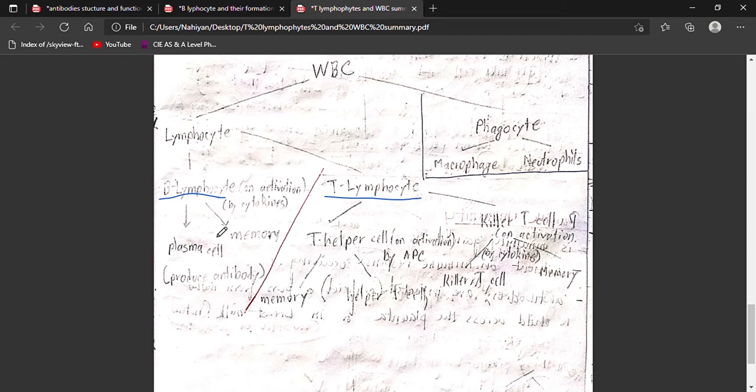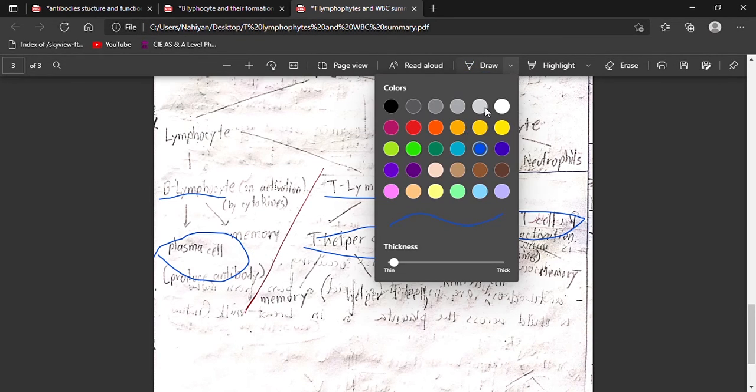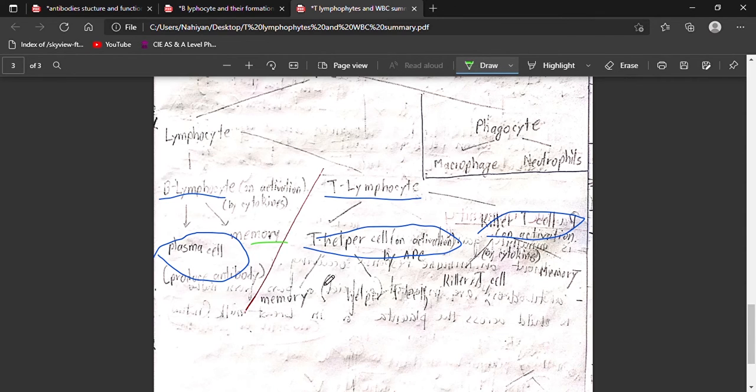So the B lymphocytes are of two types: the plasma cell and the memory cell. This is the active form which acts, but with this active form and this active form, we always see there is a memory cell being created. Let's mark it with green. So here's the memory cell. T helper cells also have their counterpart memory cell, and the killer cell also has a memory cell.